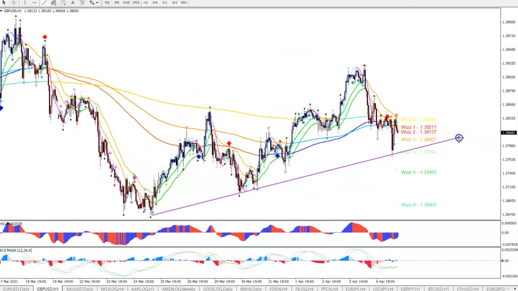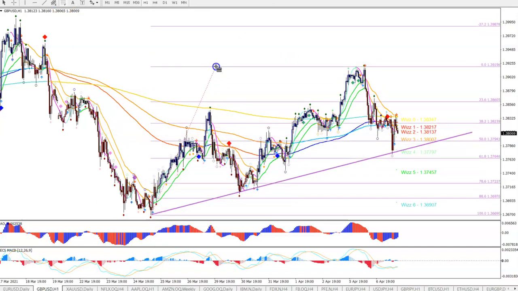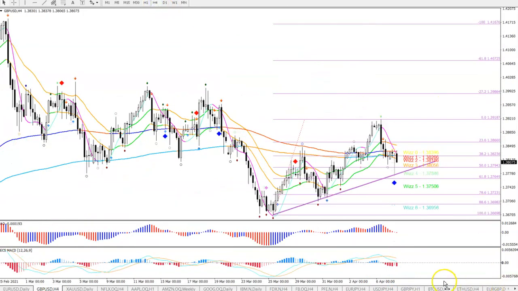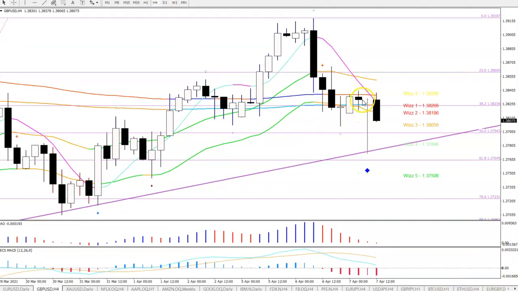Let's put the trend line like this. And let's put the fib from here to here. But looking at this, I think it's a pretty big pin bar on the 4-hour chart, a pretty big wick at the bottom indicating that buyers are stepping in.